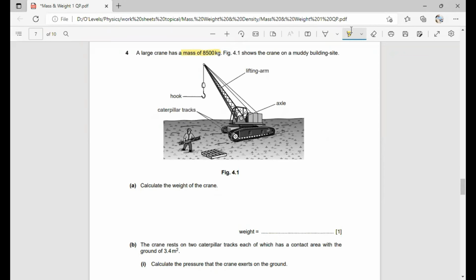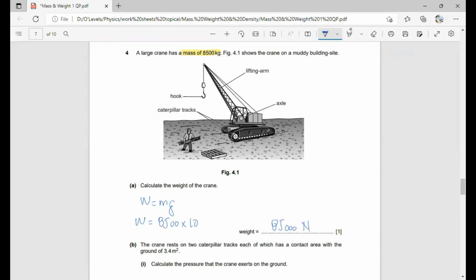Calculate the weight. Again, the formula of weight is W equals mg. W equals mass 8500, g value is 10. So what should be the weight? 85,000 newtons.